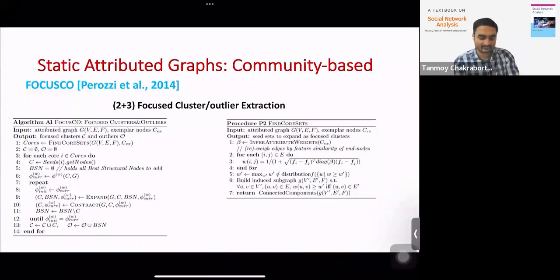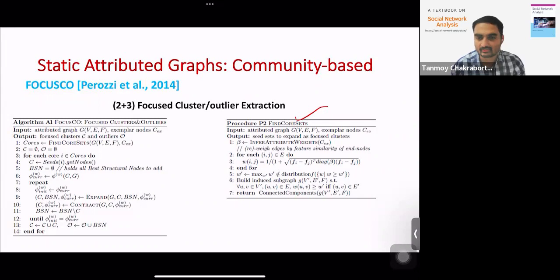The next task is something called core identification. So what does it do? I'm not going into the details of the entire thing. You can read the paper.